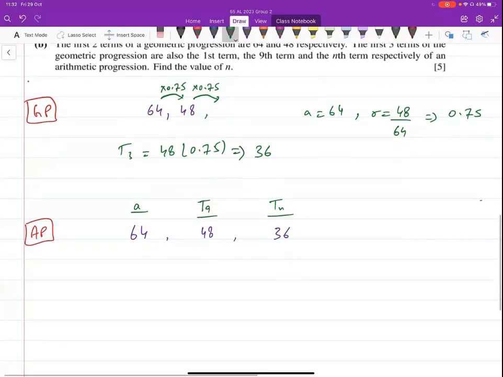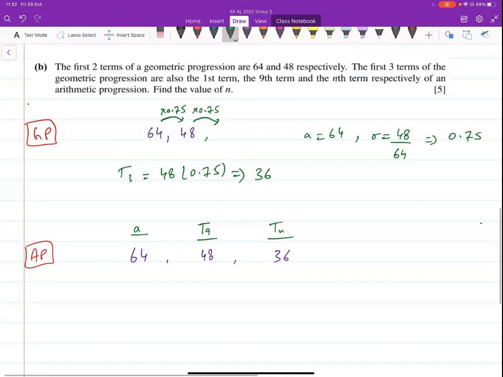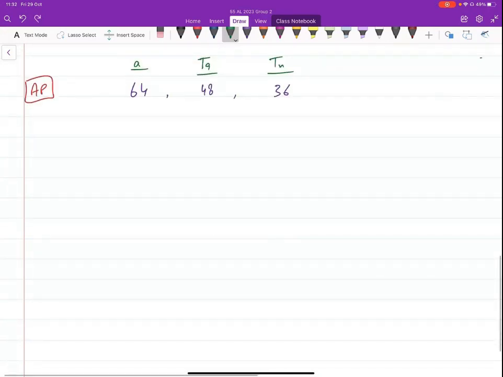Now we have to find the value of n from that. How can we do this? We know the nth term formula for an AP is A plus n minus 1 times the difference. Don't mix it up, we're talking about AP here. So this is the nth term formula for an AP.